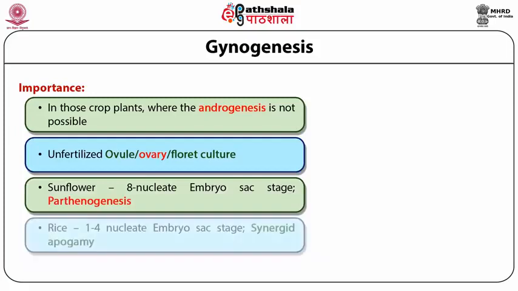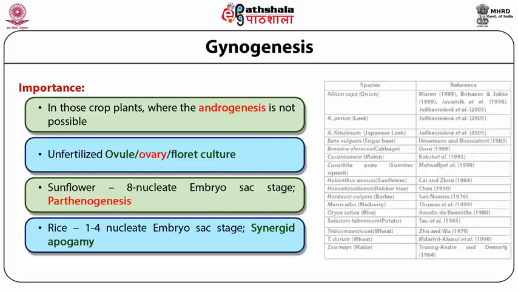But it is said that in rice, the best stage is to culture it at the 1 to 4 nucleate embryo sac. But even here, when it forms a sporophyte, the embryo sac undergoes full development and becomes a mature embryo sac, and only then does it undergo sporophyte development.